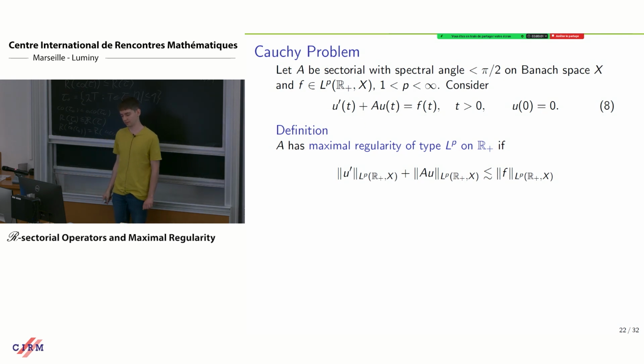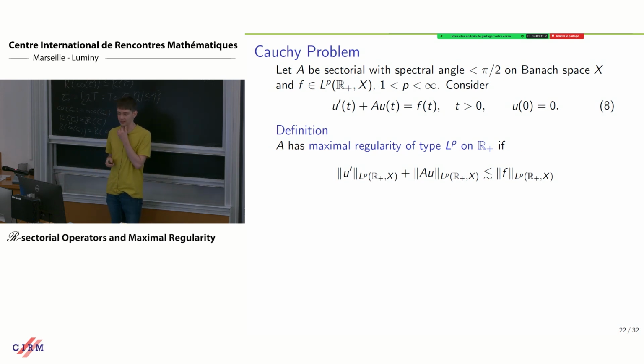And now we recall the definition. We say that A has maximal regularity of type L^p if both terms individually belong to this L^p space, and we have the following norm bound. This is called maximal regularity because this is the highest regularity that both terms u' and Au can simultaneously have without requiring more regularity on f.